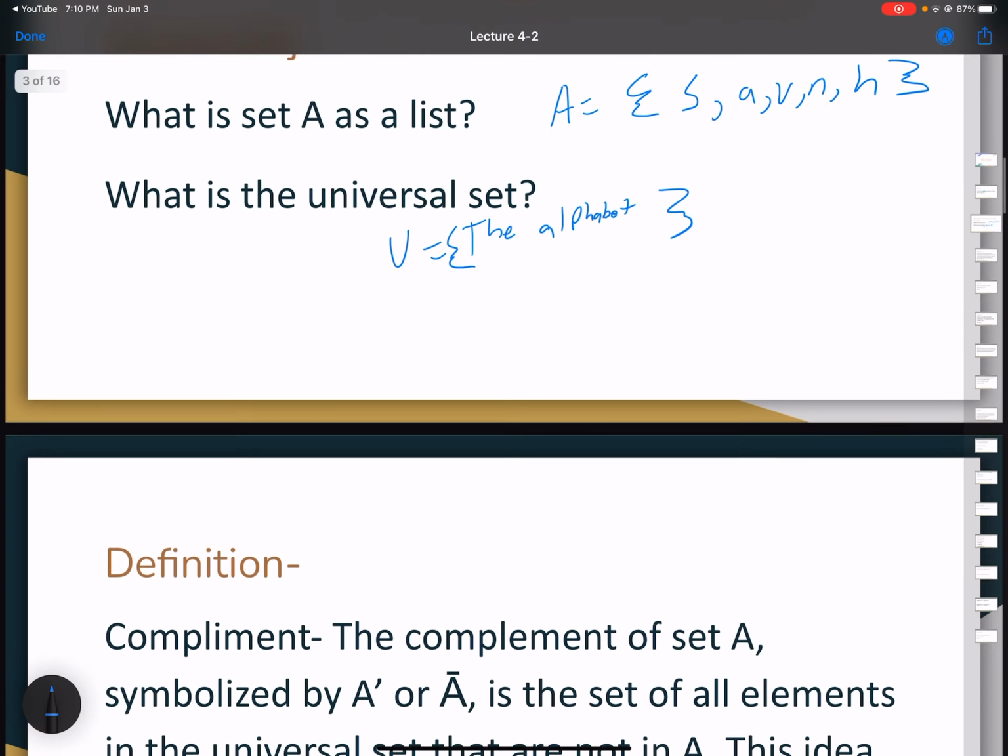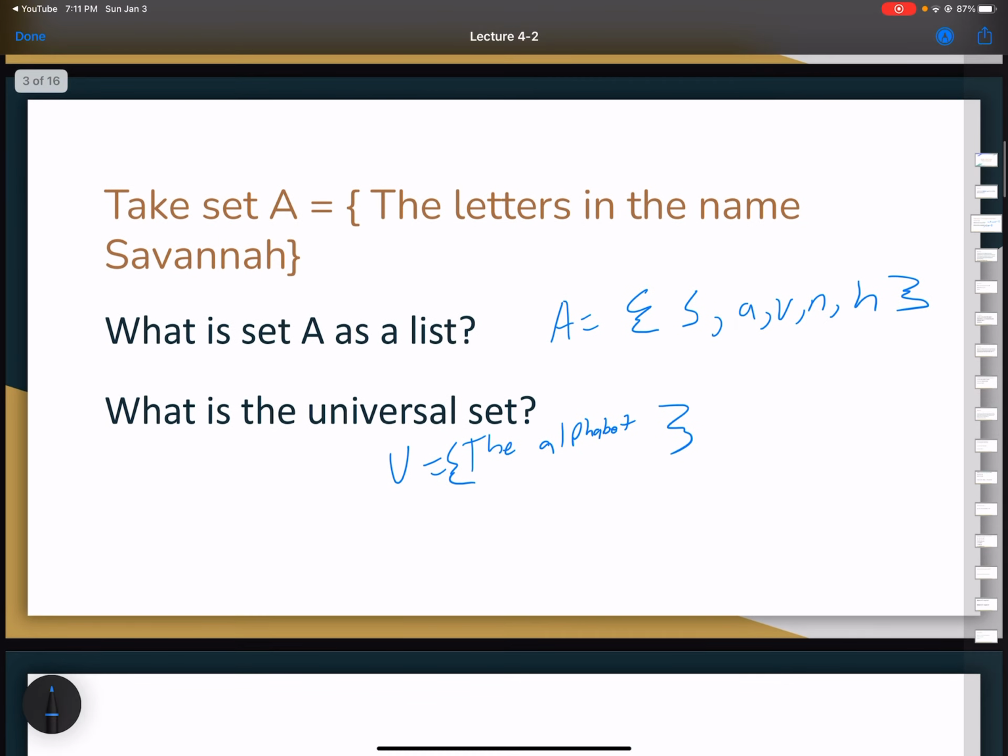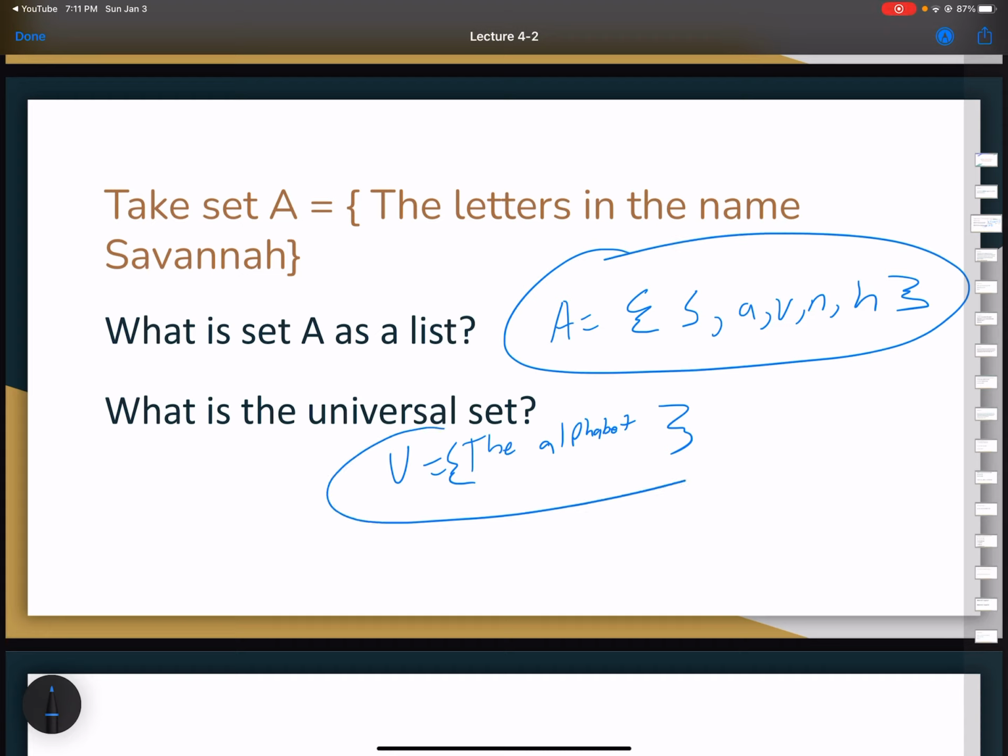So if we go back up to our example, we have that the letters in the name Savannah are this set right here. The universal set is the whole alphabet. So what would the complement of A be? Well, in this case, the complement of A would be all the letters that are not in A, but are in the universal set. So A is included in Savannah's name, but B isn't.